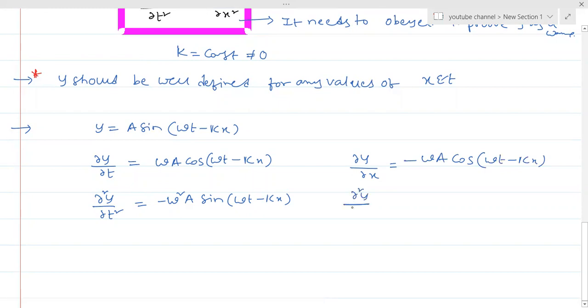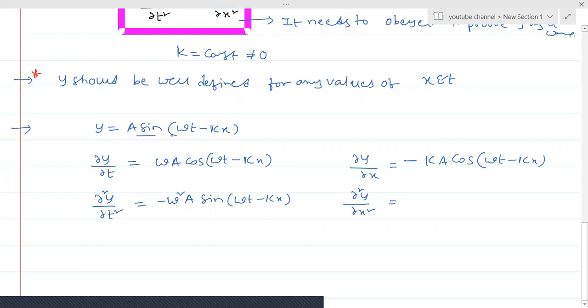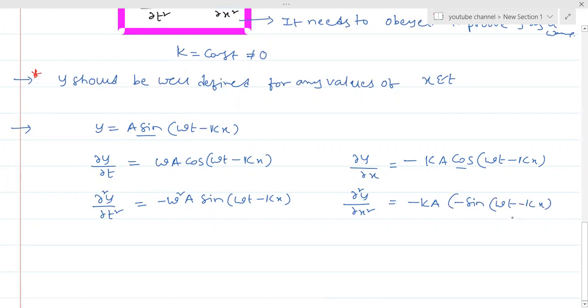When we take dou square y by dou x square, for cos we automatically have minus sine into (omega t minus kx), and for minus kx again we get minus k.